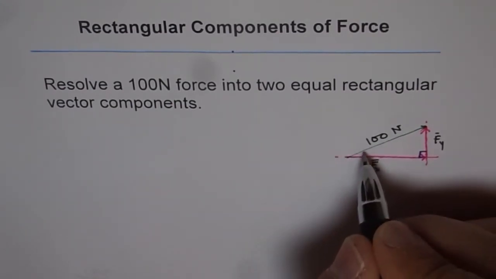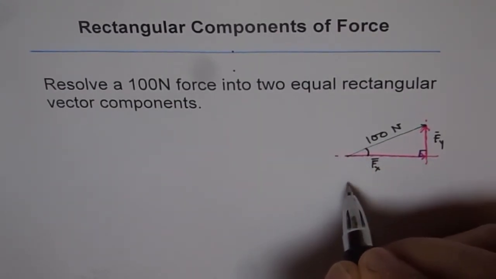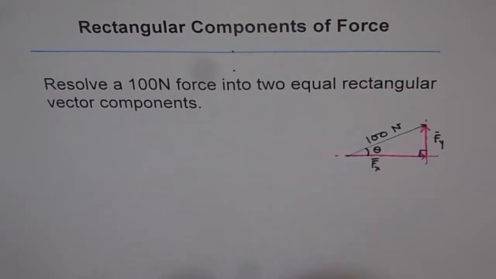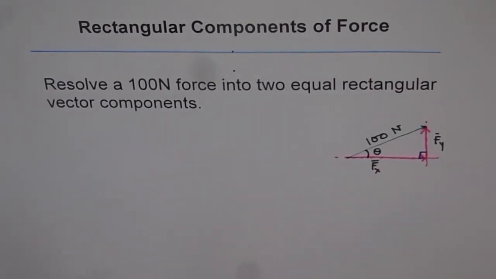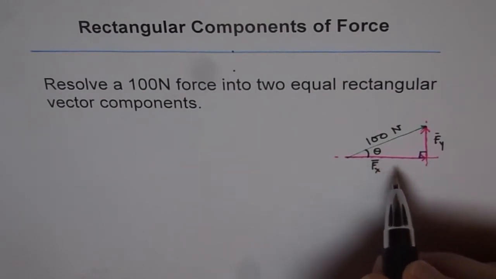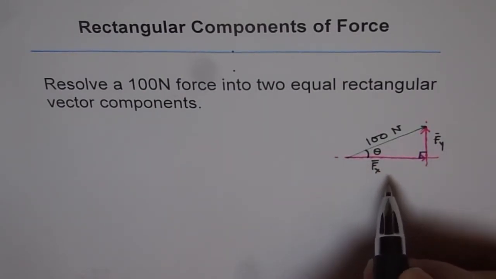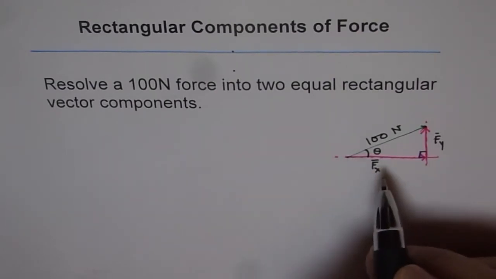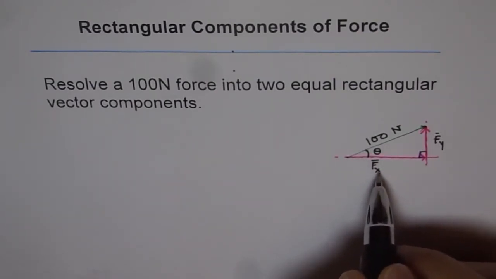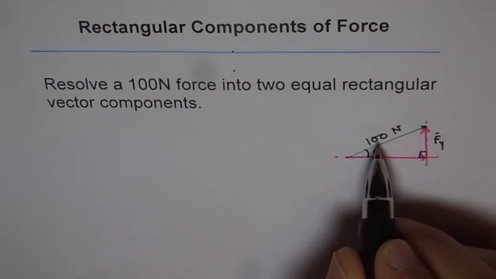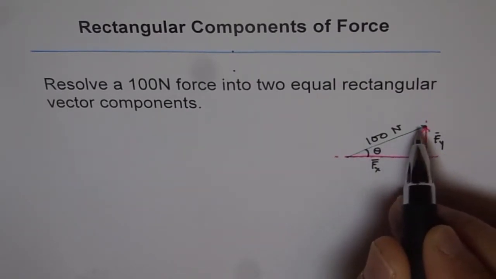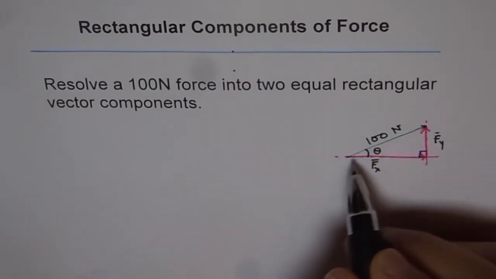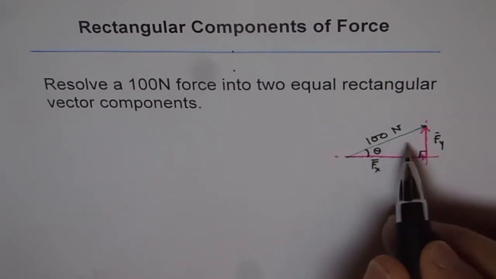And the second way is we can use trigonometric ratios if we know this angle theta, right? So in general, in any such problem, if you see this kind of a right triangle, then Fx is the adjacent side and 100 given to us, the resultant in this case, or the original force, is the hypotenuse, right?